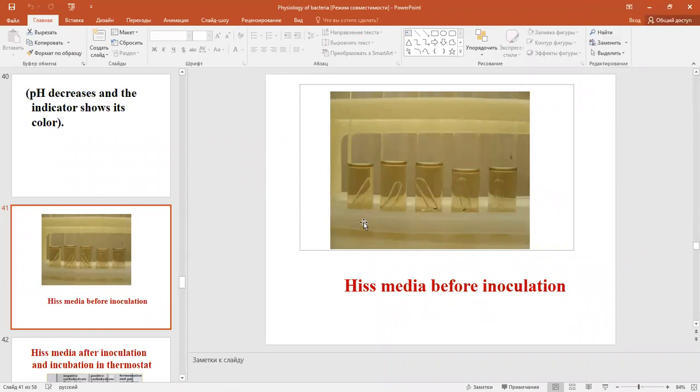The medium has only a slightly yellow color. Inside the medium, there is an inverted tube, like a small test tube, placed in the liquid medium bottom up, with the medium inside. This inverted tube is used for detection of gas production. So Hiss media before inoculation have no color.